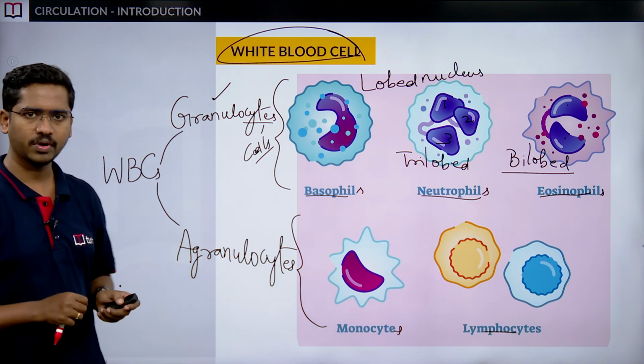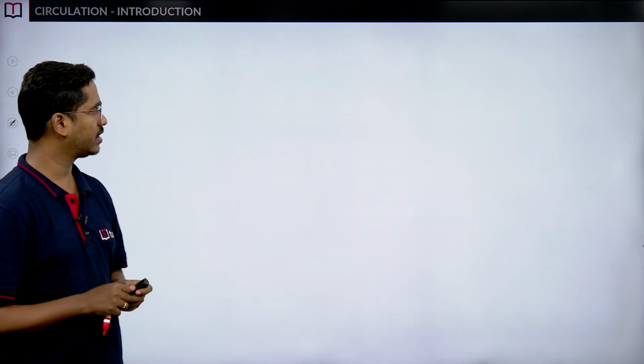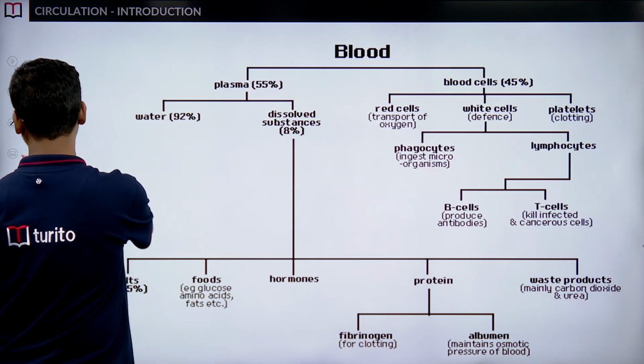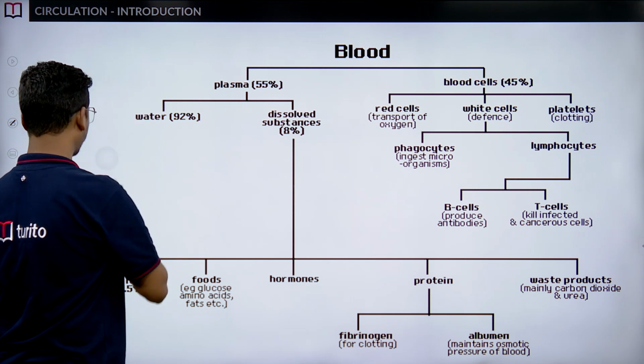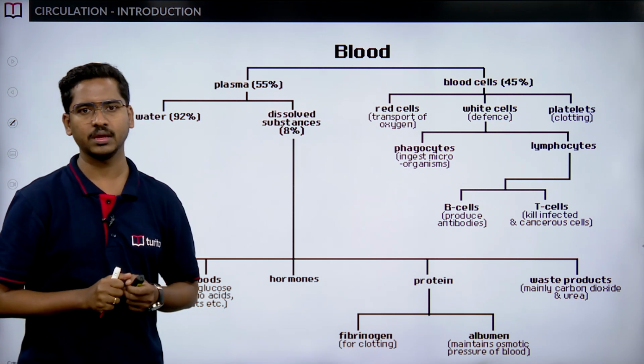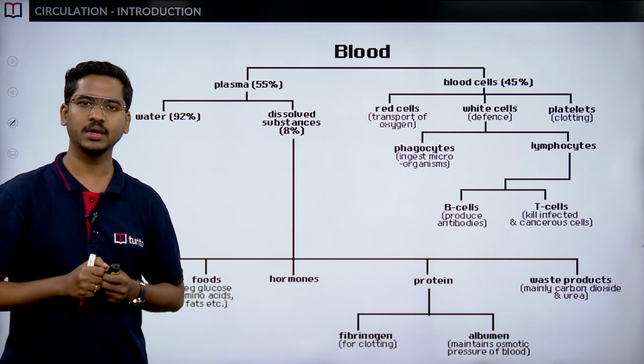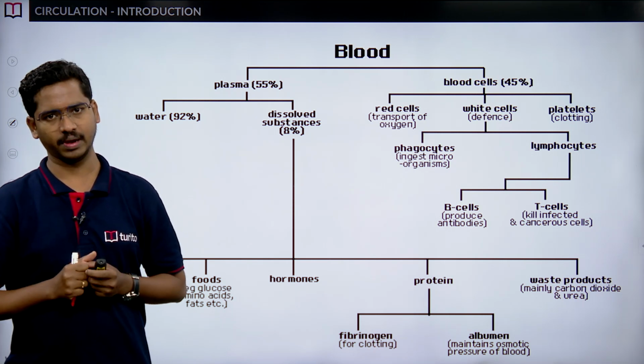So, let us move forward and have further understanding. Here I would like to show you the further classification of the blood itself. It shows the composition of the blood.